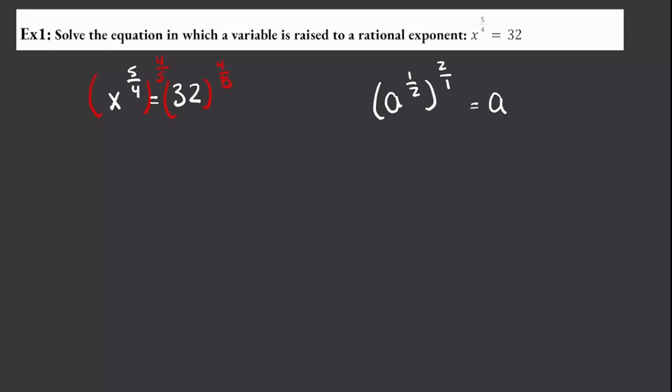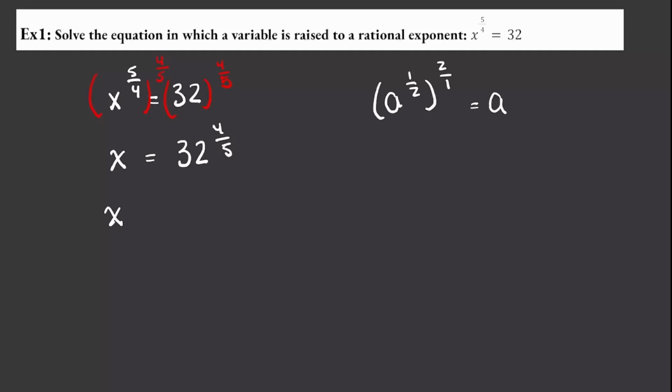Now x to the 5/4 to the power of 4/5 gives you x, because 4/5 times 5/4 is 1. Now I need to work on the other side, which is 32 to the 4/5. I need to rewrite this in a way that is easier to evaluate without using a calculator.